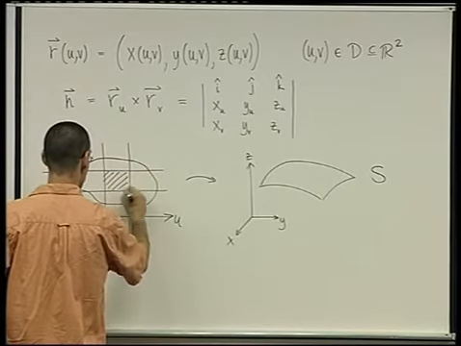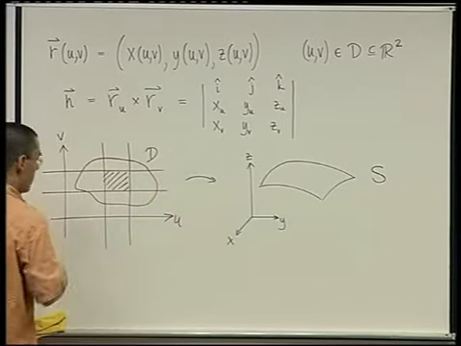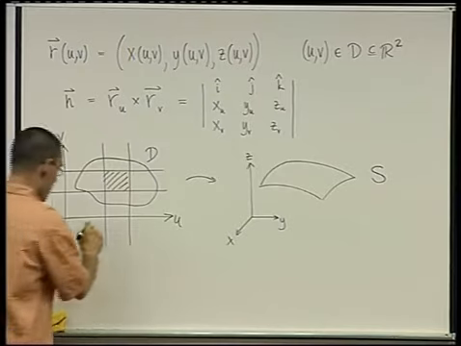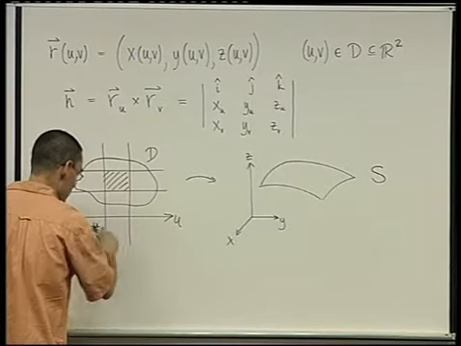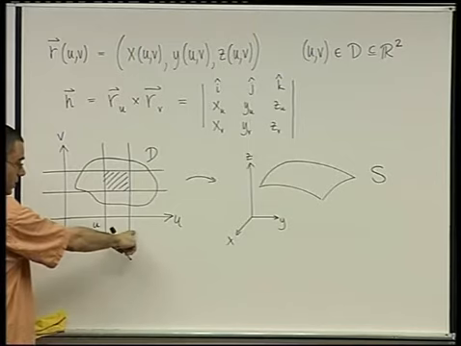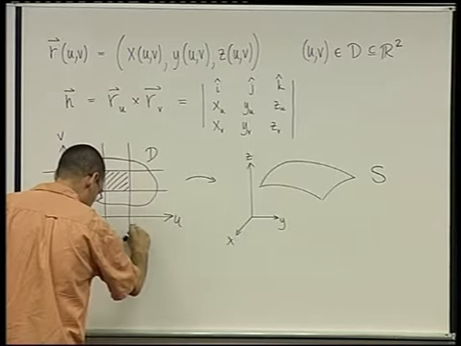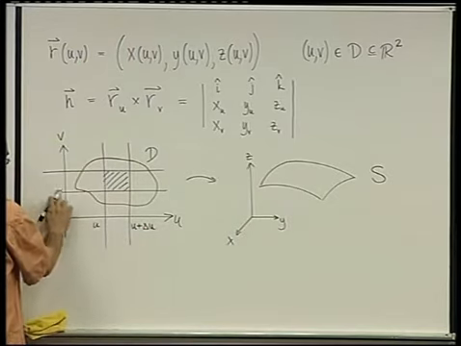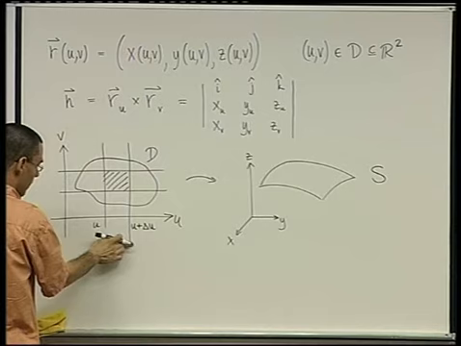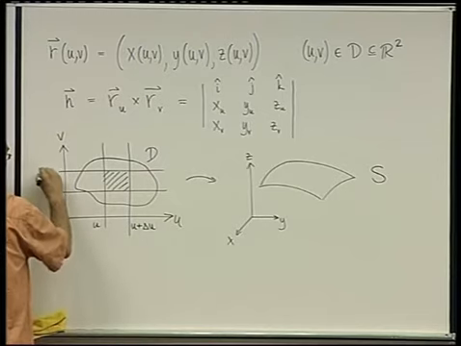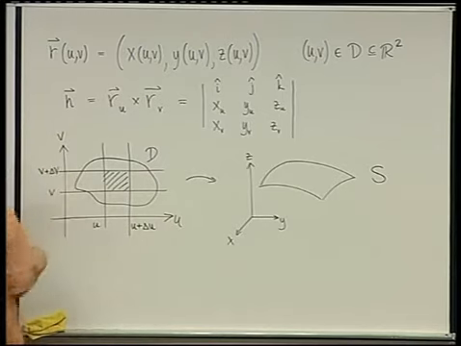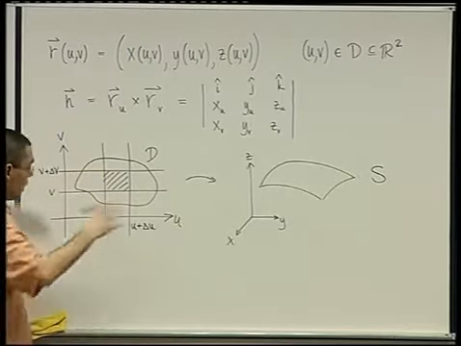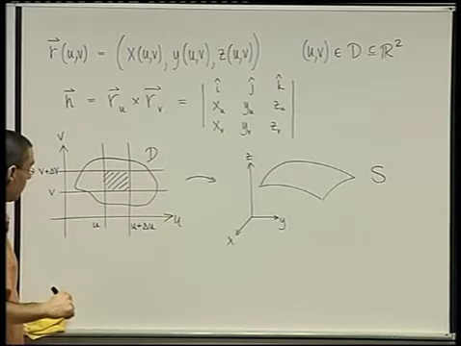The partition is into very small rectangles, but in order for us to be able to see, I'm drawing it big. I'm zooming in on one rectangle. This is one of the u_i's, and this is u_(i+1). I'm going to call u_(i+1) u plus delta u. And then this is v, and this is v plus delta v. Remember, there's a bunch of these, and I'm just drawing one of them and intentionally making it very big so we can see what's going on.